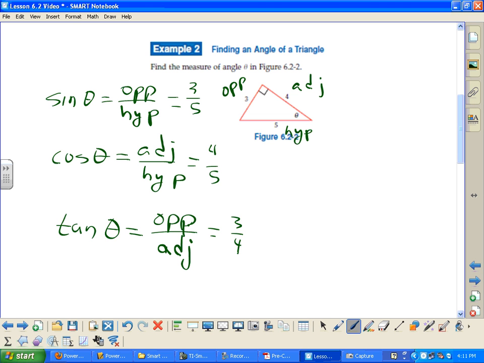Since I know the tangent of theta equals 3/4, to find the angle, now if we know the angle, we would just say tangent of whatever the angle is, and it would give us a ratio. If we're trying to find the angle, that means we're going to do the inverse tangent of our ratio, which is 3/4, and that's going to find angle theta for us.